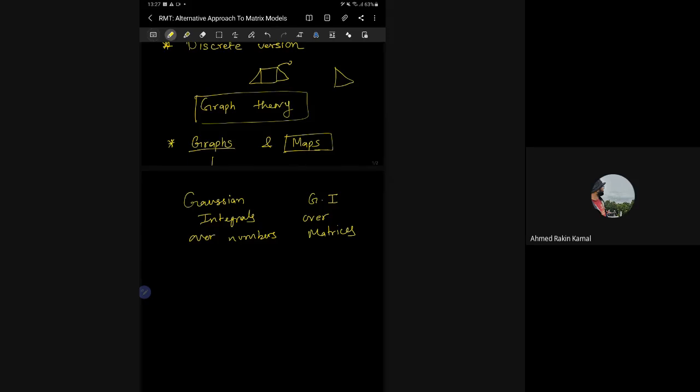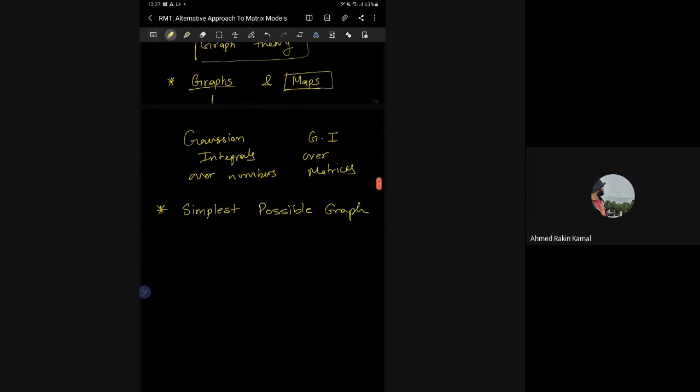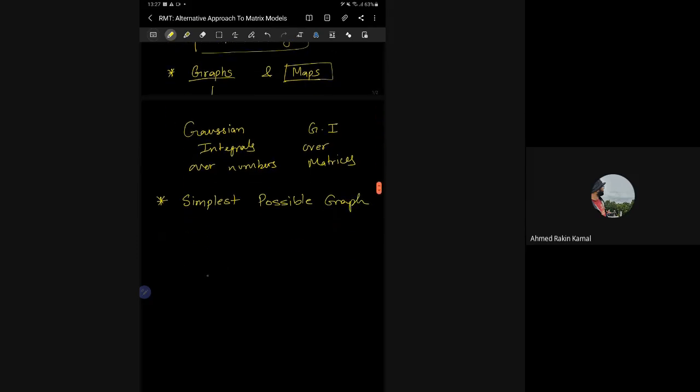Now, let's look at some simple possible graphs, because I've been saying graphs and graphs, but we haven't actually seen any graph. So let's first start with the simplest possible graph. Let's say we have one vertex, this thing at the center, with lines coming out of it.